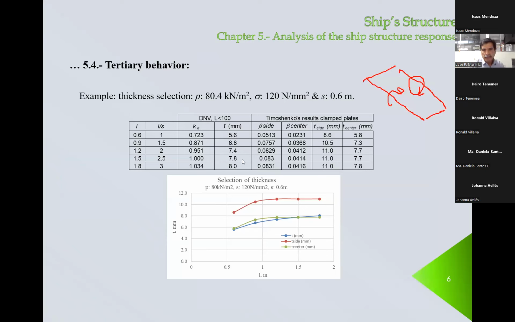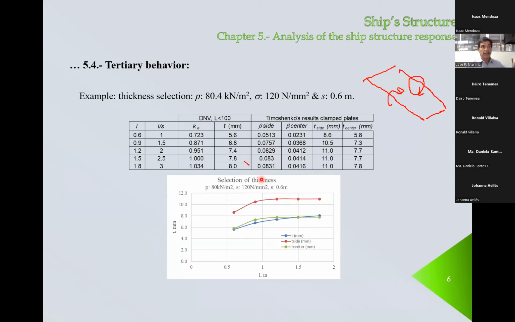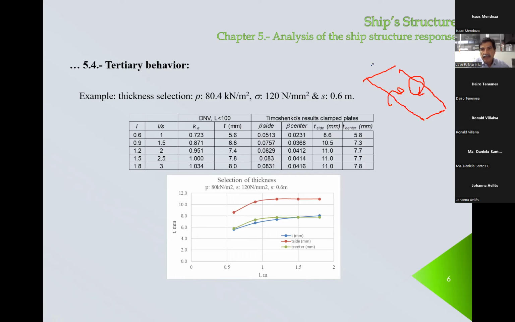So that's something that we have to have in our mind. Here I'm trying to relate the knowledge from chapter 4 and see how the classification societies are applying this. So here, what I did was I took this spacing. This is what we call S, and we took it equal to 0.6 meters.